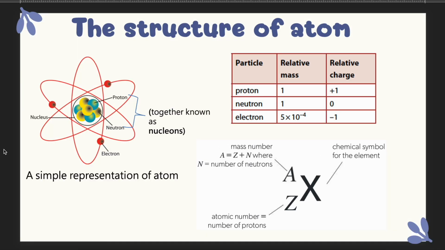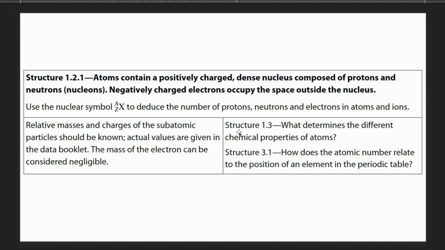Let's go back here. Linking questions. So what determines the different chemical properties of atoms? Their atomic structure, valence electrons, type of bond, and atomic size. The atomic structure determines the number of protons and electronic configurations, so this will give different chemical properties.